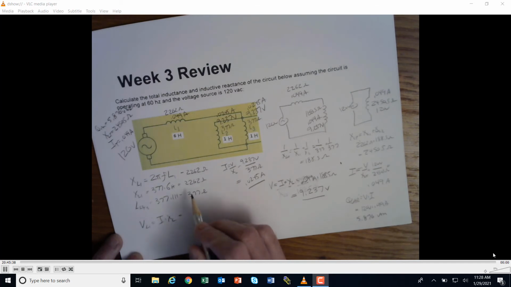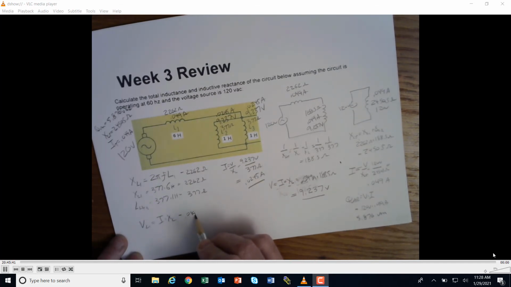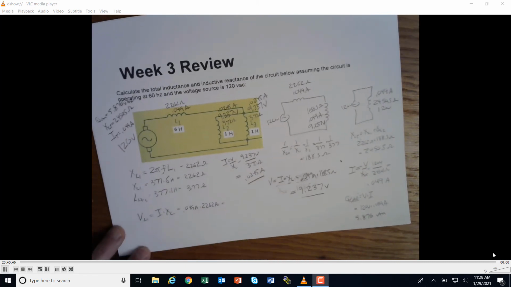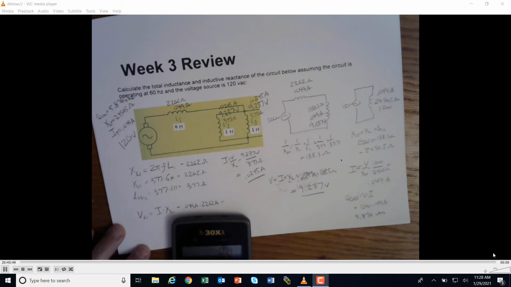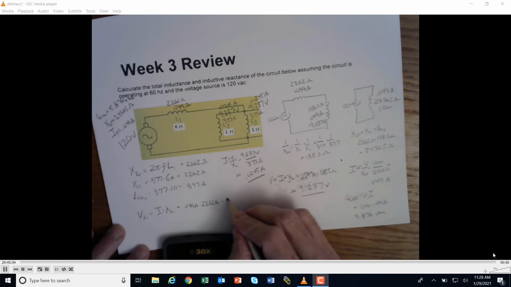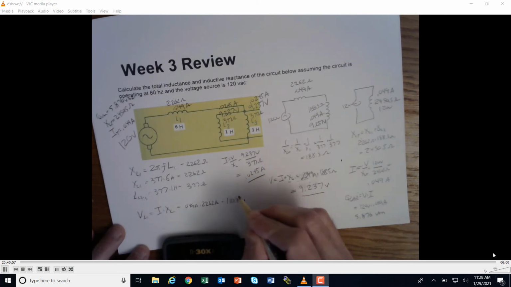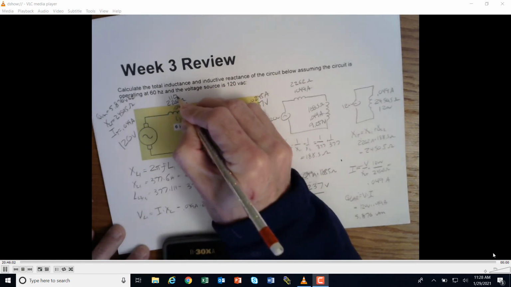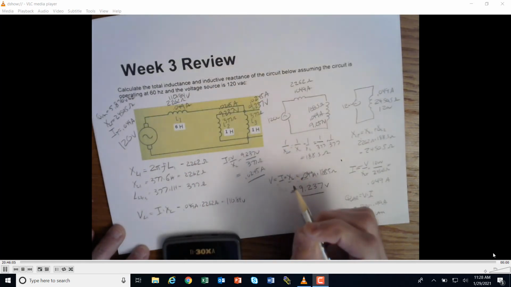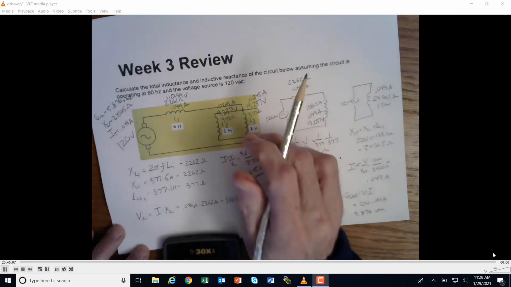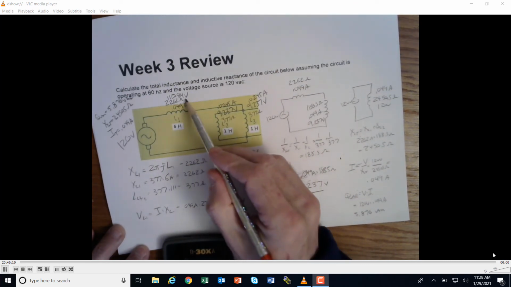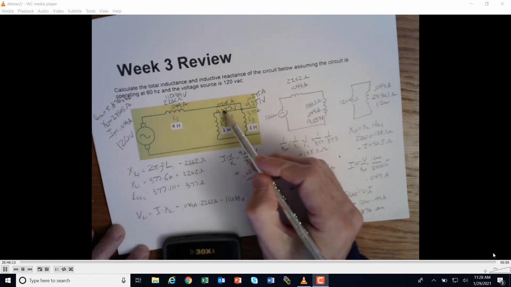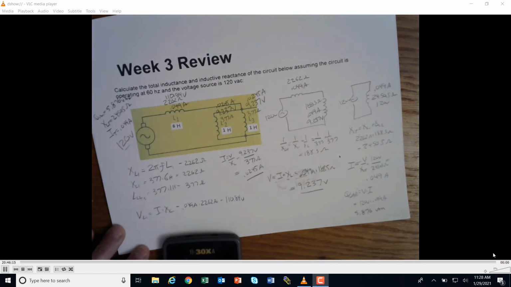We're looking at 0.049 amps times 2262 ohms equals, let's do that, 0.049 times 2262 is 110.84 volts. That looks about right, 110. And then these drop the same, 9, so you add those two together, 110 and 9, and some change, and you get 120. So that's making sense.